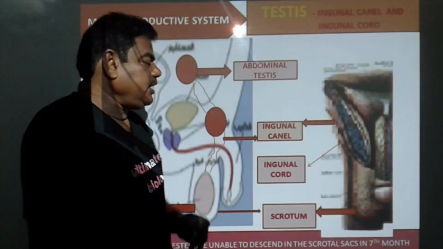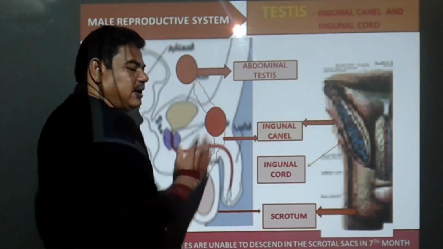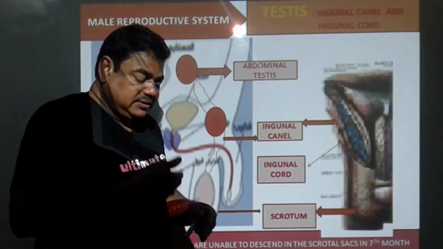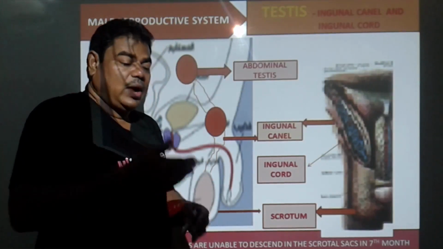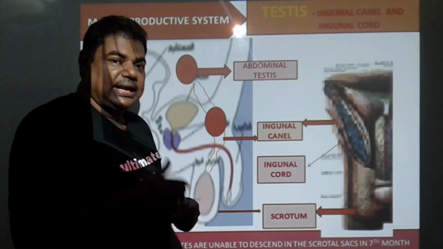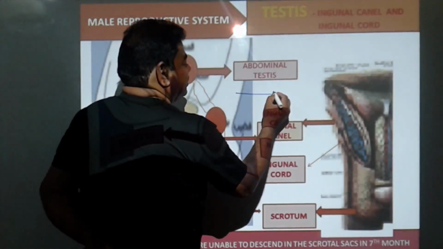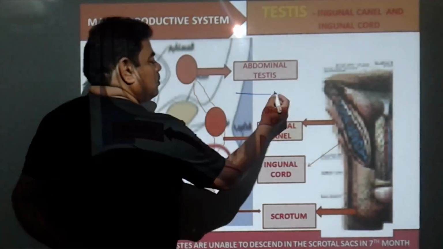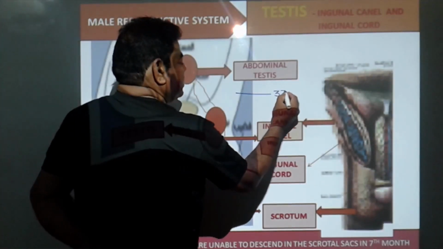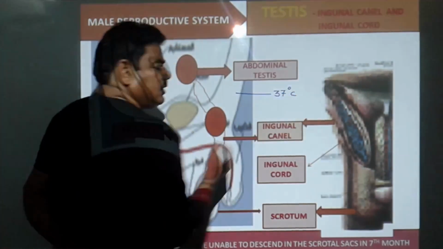It means if the testes remain in the abdominal cavity, when that male grows and reaches puberty, at that time the body temperature, our normal body temperature, is 37 degrees centigrade.